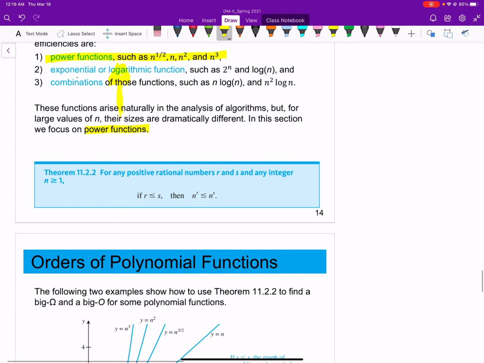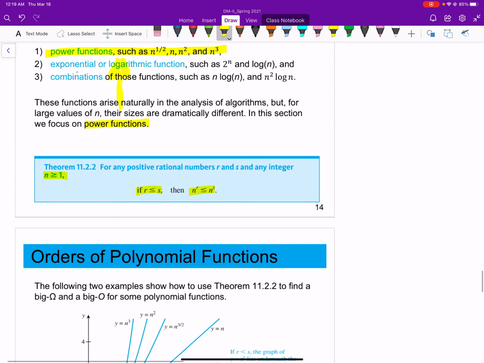All right, and then we have a theorem right here. For any positive rational numbers r and s, and any integer n greater than or equal to 1, if r is less than or equal to s, then n to the power r is less than or equal to n to the power s. Let me read this again. This theorem says n is greater than 1, and if s is greater than r, then n to the power s is greater than n to the power r.